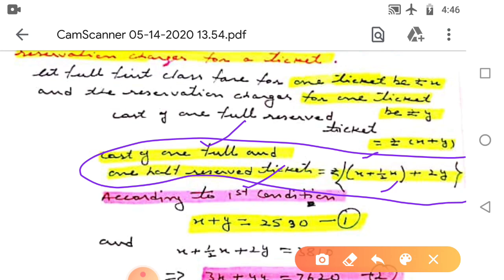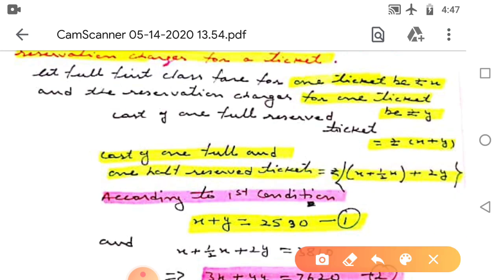It is given in the question: half ticket charges are half the full ticket. So x plus 1 by 2 x, this is the fare, plus 2y. 2y means reservation charges for the full ticket y, plus reservation charges for the half ticket y. It becomes 2y. Clear?